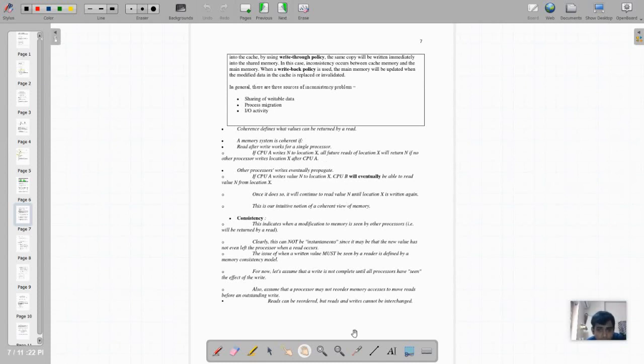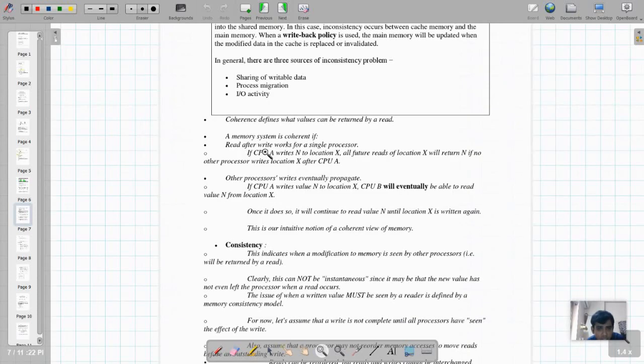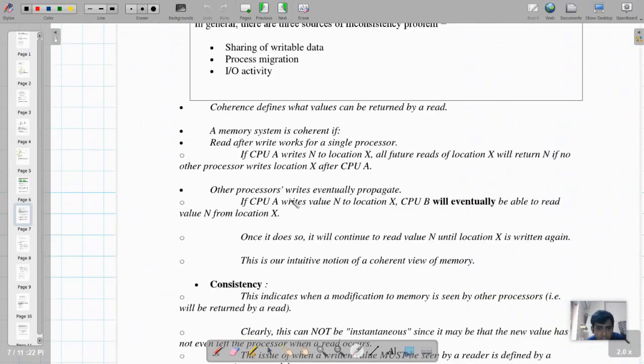So just have a deeper look into the definition. A memory system is coherent if read after write works for a single processor.